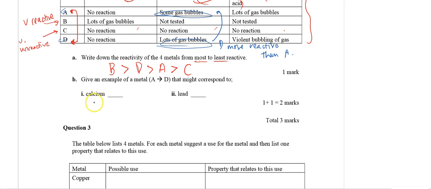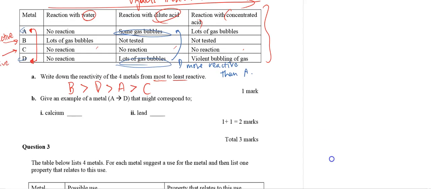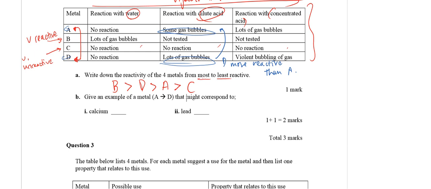So let's have a look. Now, to answer this question is a little bit tricky because you need to know about possible inert metals, such as silver and gold.